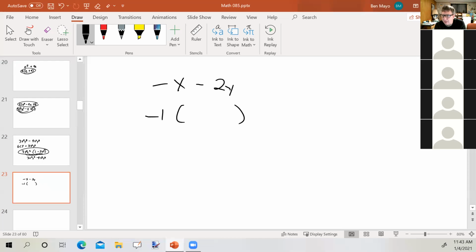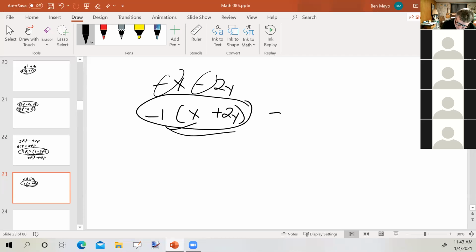Well, factoring out a negative does the same thing. So this is going to be an x plus 2y. Changes the sign here and here. Because if I distributed this back together, I'd get -x minus 2y. So my answer is this. You could also write it just like that if you didn't want to put the implied 1 between the negative sign and the parentheses. All right with that?